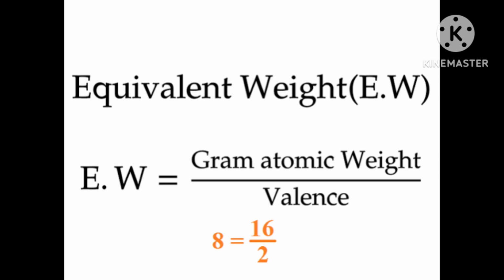Example, the empirical formula of glucose. The glucose formula is C6H12O6. This is the glucose molecular formula. Then what is its empirical formula? It is the simplest formula which gives the simplest whole number ratio of the atoms of the various elements present in one molecule of the compound.